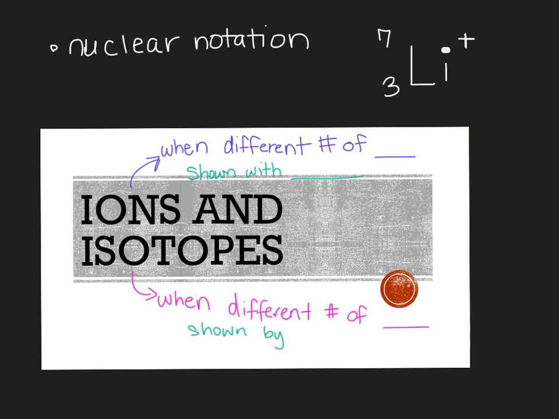If you think back over to the periodic table, if you have yours next to you, you know that this right here is lithium. This number down here is your atomic number. You notice that the lithium on your periodic table has a 3 above it. So that is your atomic number.